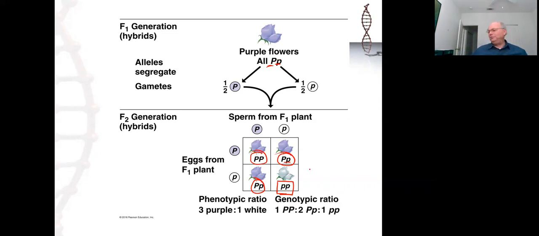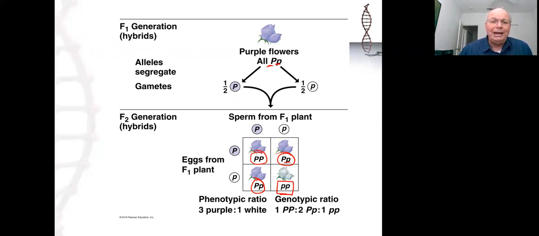And as much as people want to say that there is a dominant allele and a recessive allele, there is no such thing. Alleles are neither dominant nor recessive. It's actually the traits that are dominant and recessive. So the purple trait is dominant over the white trait. And today we understand exactly why that is the case.